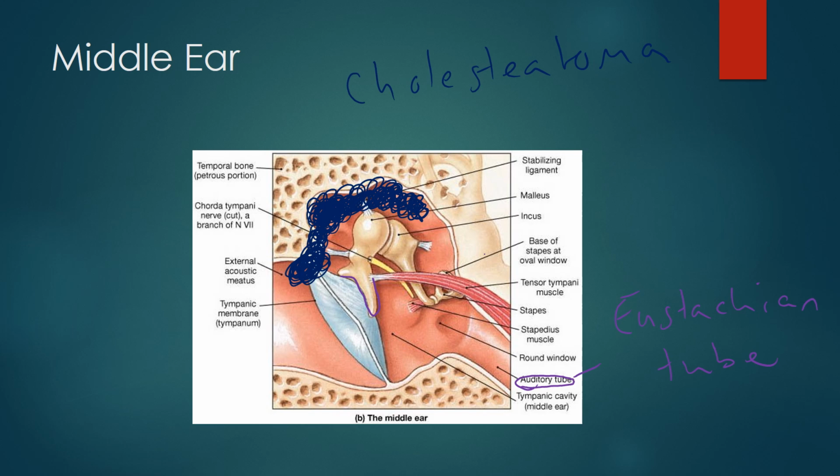So otitis externa, which is infection of the external ears, usually occurs as a result of pathogens being introduced into the external auditory canal, or changes in pH of the external auditory canal.